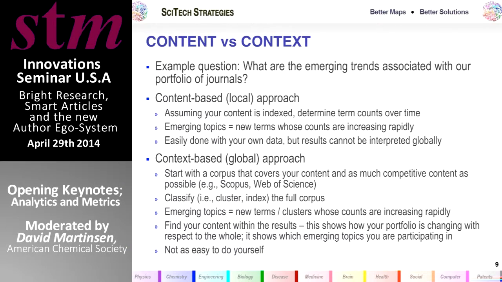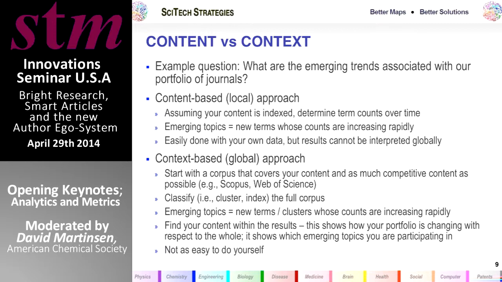So an example of a particular question and how it might be answered from a content perspective versus a context perspective. Let's say you have a particular portfolio of journals, and you want to know what the emerging trends are associated with those journals. Now, for purposes of this argument, I'm going to assume that for this set of journals, you've got some sort of taxonomy or indexing system that pulls the keywords out, and so you've got that listing for each one of the articles in those journals.